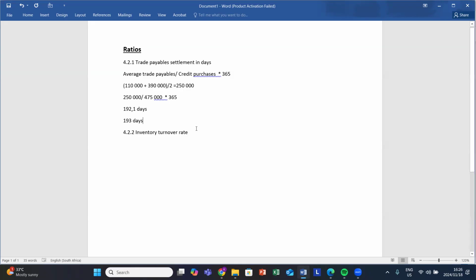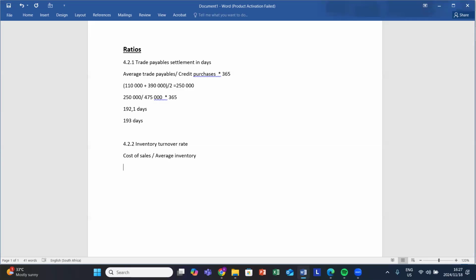So our formula for inventory turnover rate is cost of sales divided by average inventory.